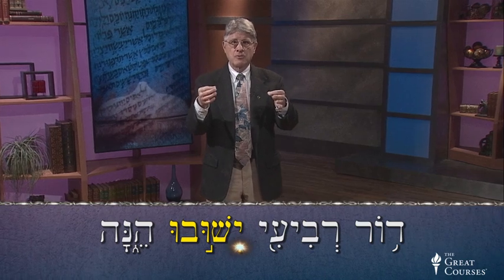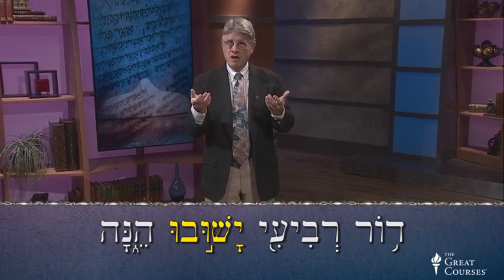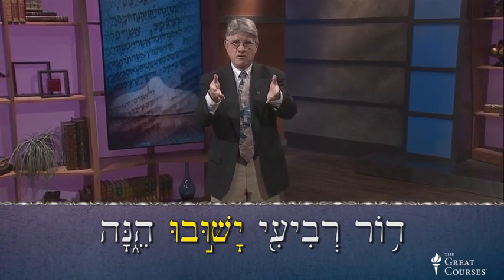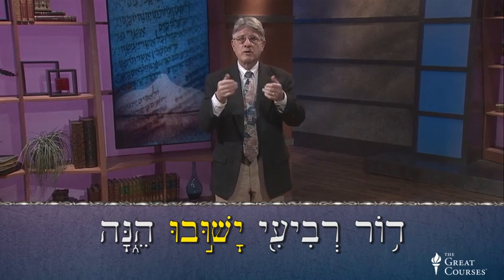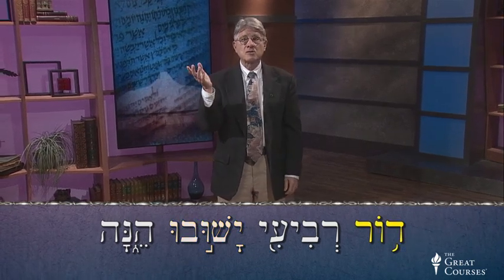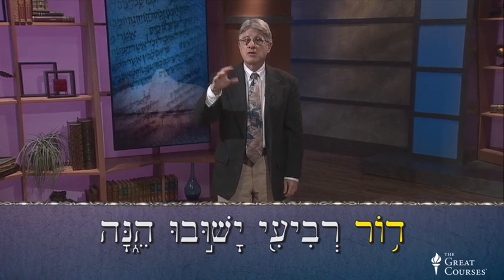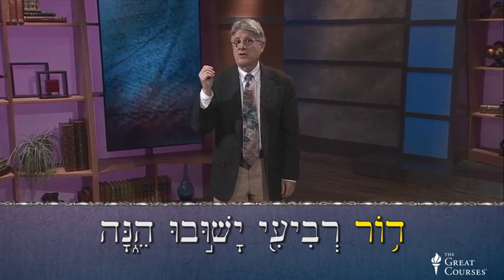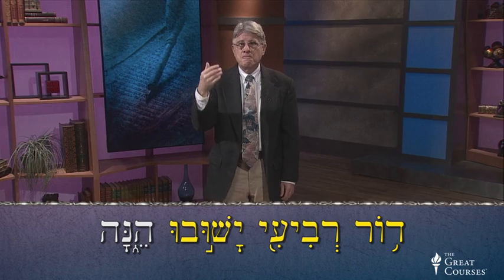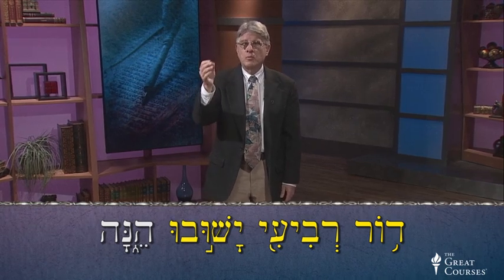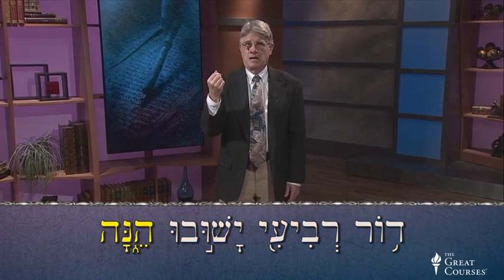The kamatz under the prefix is telling me the verb is hollow, and anyway, there it is right in front of me, shuv, they will return. Dor is singular, but it's a collective noun for a group of people. And you can use a singular or plural verb with collective nouns. A fourth generation will return hena.